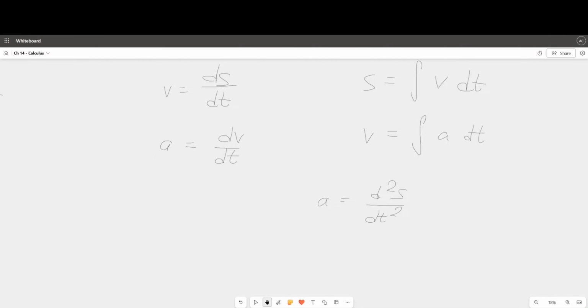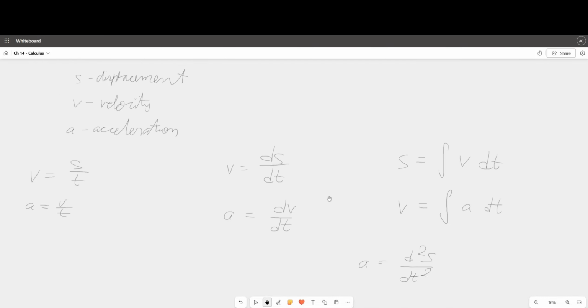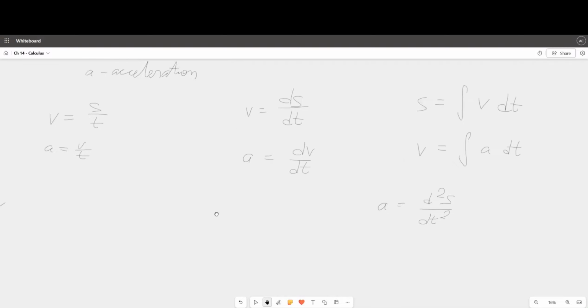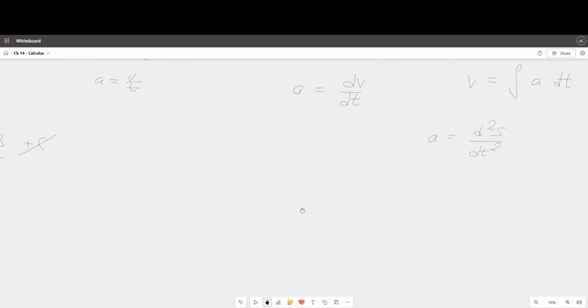You'll probably be given one of these three and then be expected to find either the other two or only one, substitute some t-value, get some answer or something like that. In some cases you might also be given graphs.